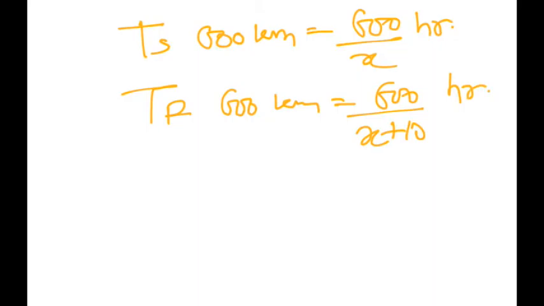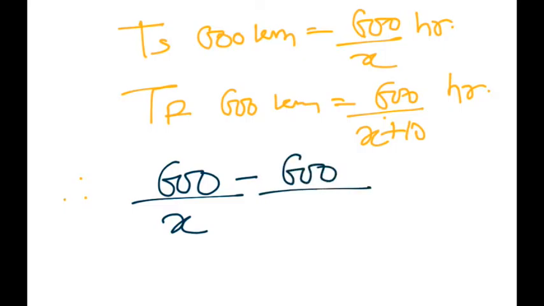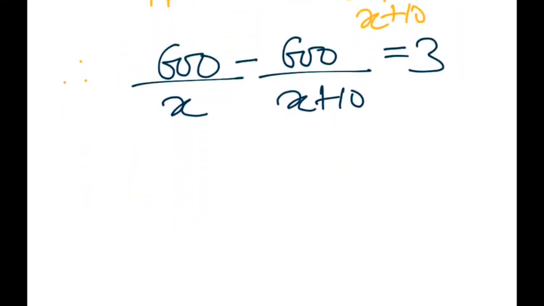Okay, so according to the given condition, this minus this is 3. So let's write it down. Okay, so this is the condition.